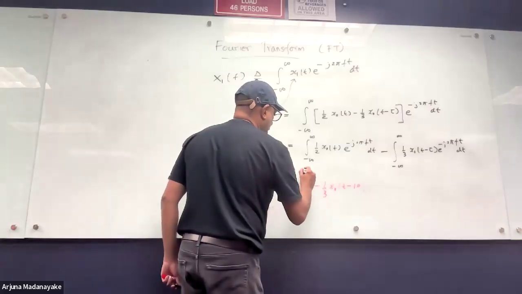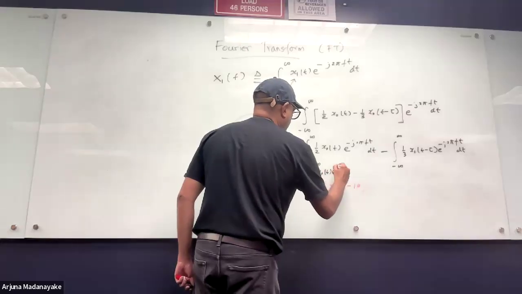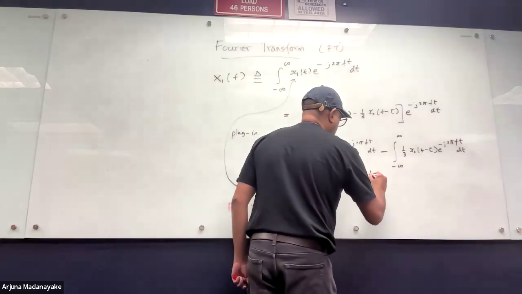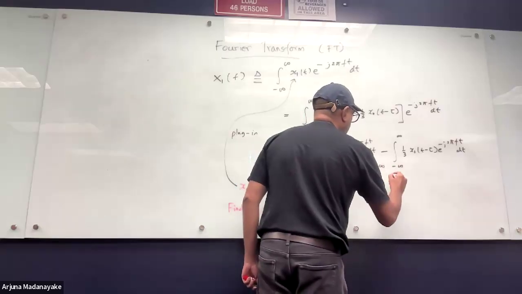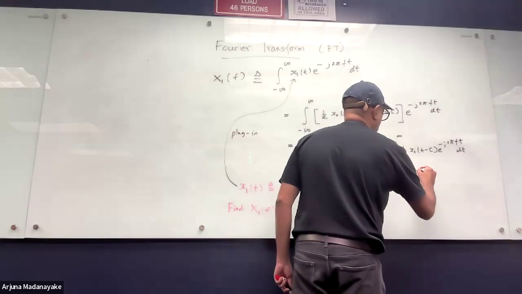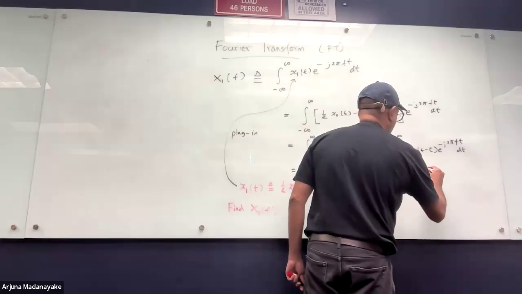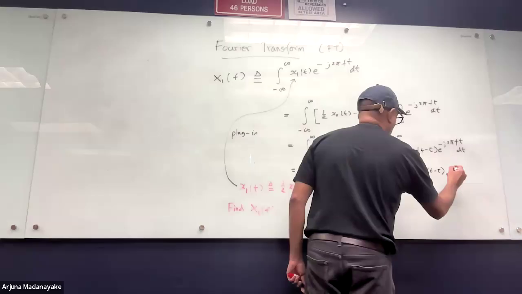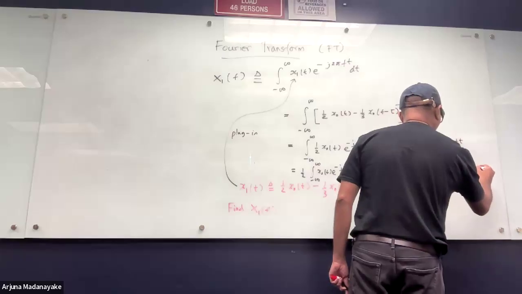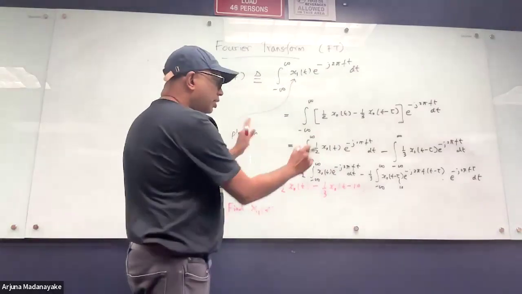This half pops out, I get half, and 1/3 pops out here, e to the minus j 2 pi f, with tau equal to 10. I can simplify and do the dance and get the answer.